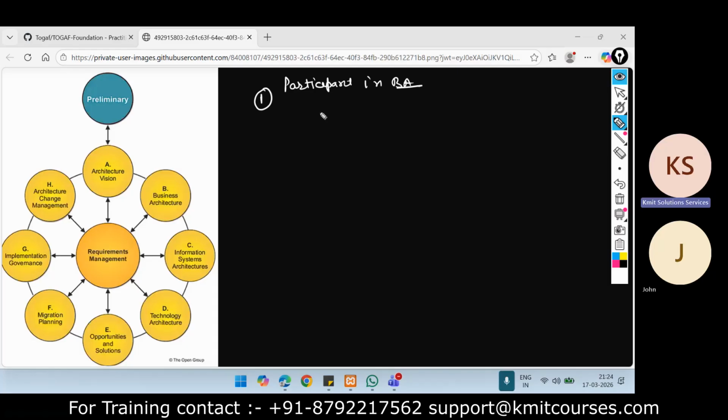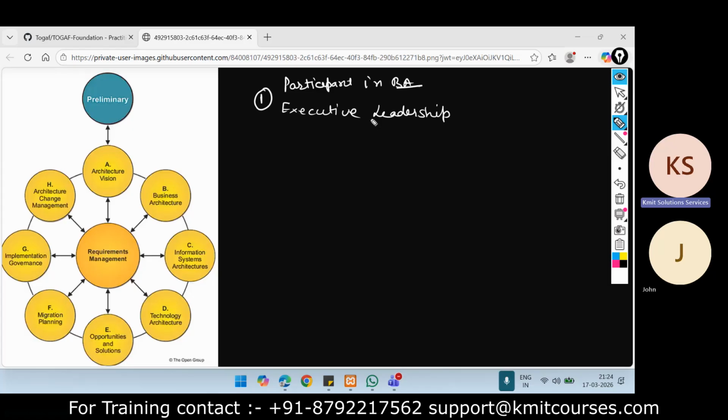So yes, you are very much correct that the key participant is the executive leadership, because it is related to the business.